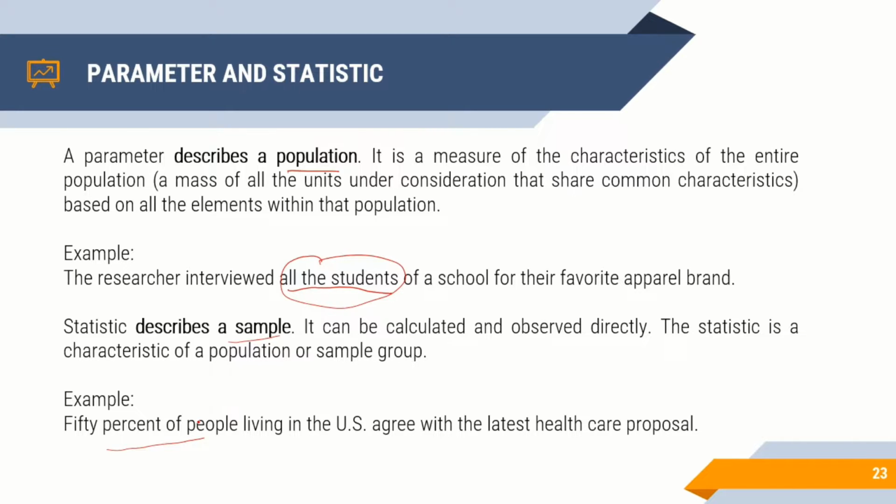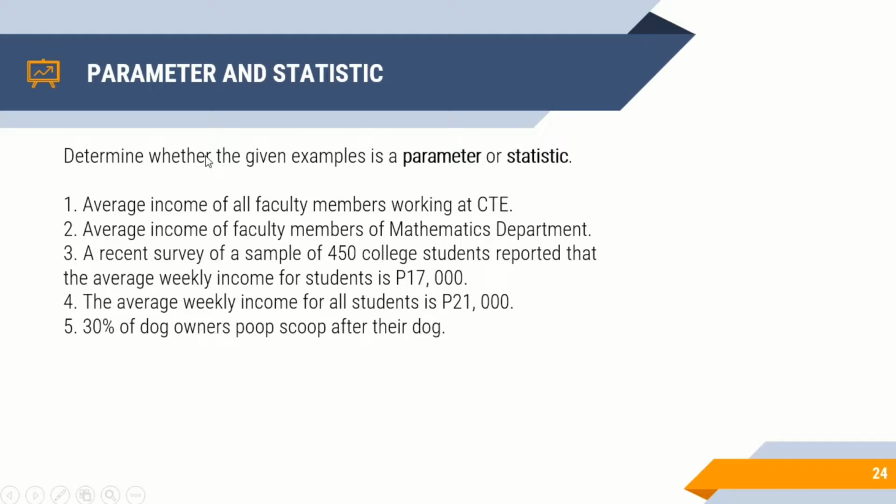So our keyword for parameter is the word all, since it describes a population. Now let's try to determine whether the given examples are a parameter or a statistic. For the first one, average income of all faculty members working at CTE.